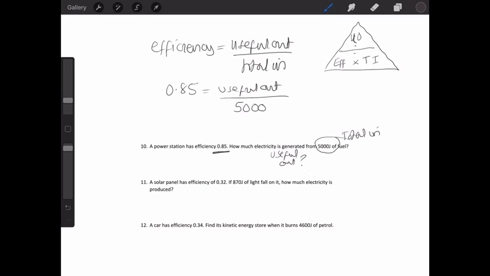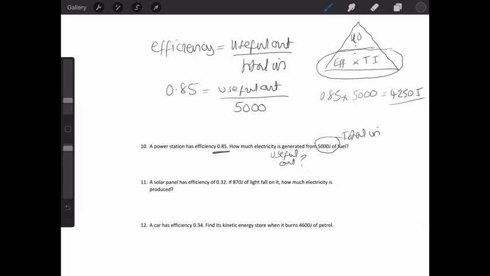But this time we want the useful output. So if we were to put our finger over the useful output, we can find that if we times together the efficiency, 0.85, by the total energy input, 5,000. And if we do that on our calculator, we will find it is 4,250 joules of electricity.